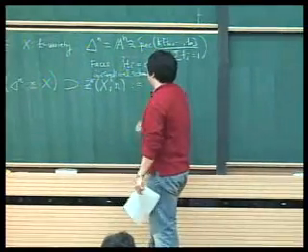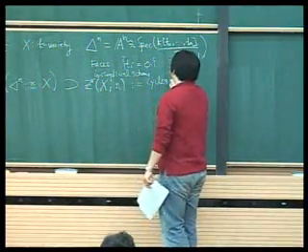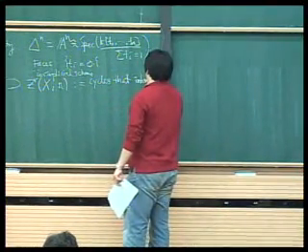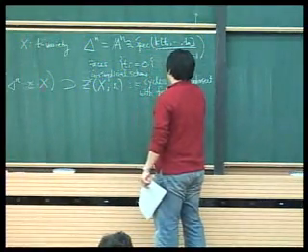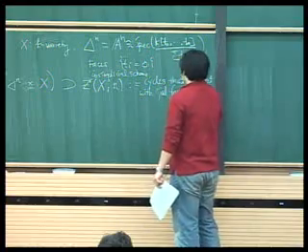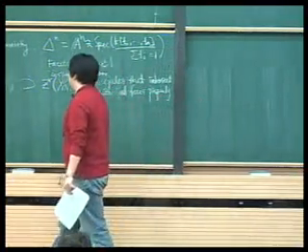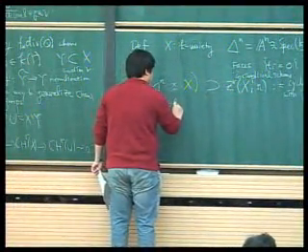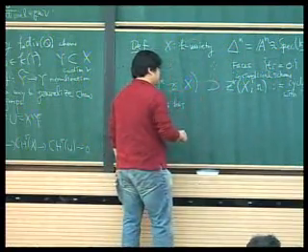This is, by definition, cycles that intersect with all faces properly. And this then has various face maps coming from this co-simplicial structure.